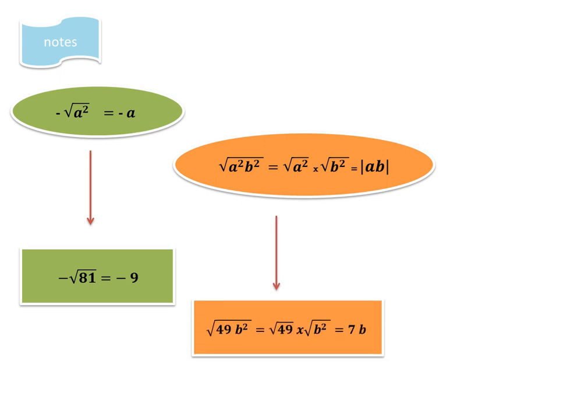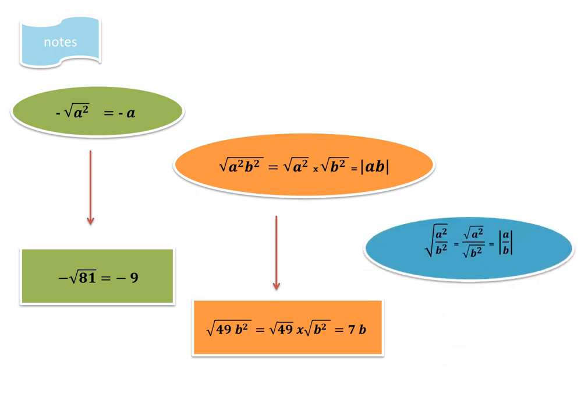For example, if we have the square root of 49 b squared, it equals the square root of 49 times the square root of b squared. The square root of 49 will be 7, and the square root of b squared will be b.